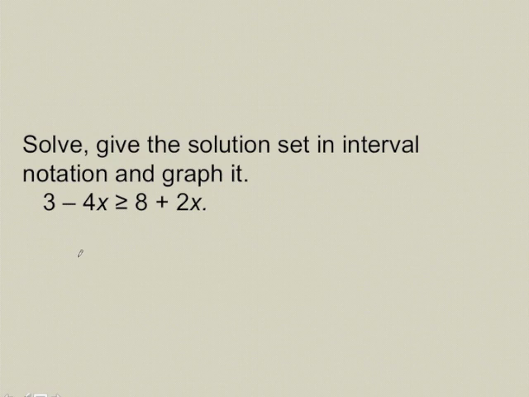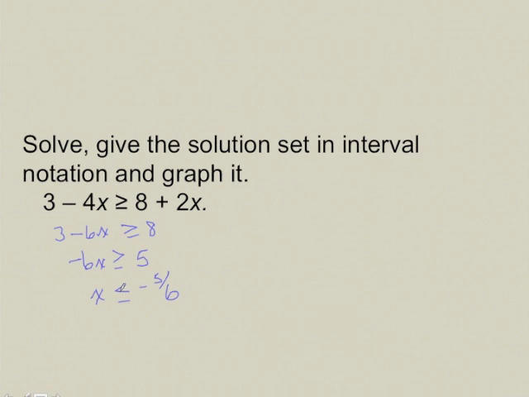Same thing. Well, first, I wanted the x all on one side, so I end up with 3 minus 6x is greater than or equal to 8. Negative 6x is greater than or equal to 5. And x will be less than or equal to negative 5/6. Again, we're dividing by a negative, so we had to reverse the inequality.